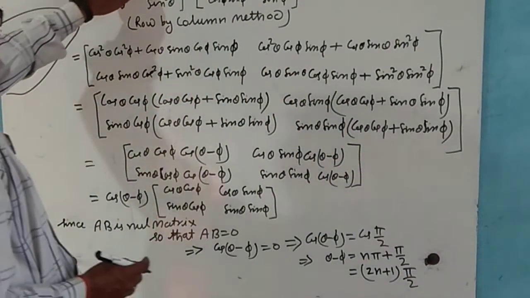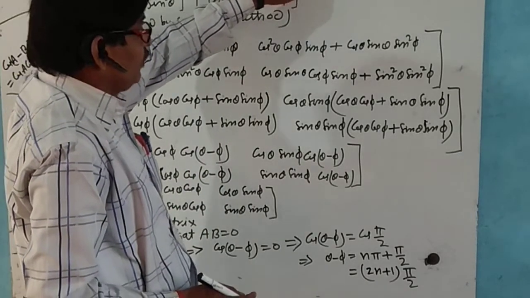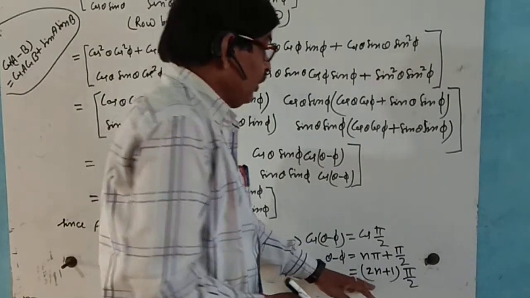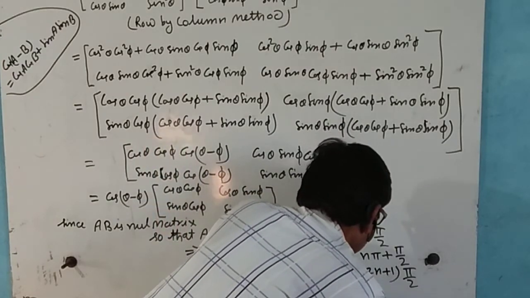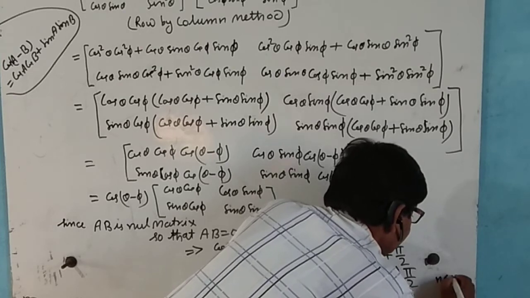So AB is a null matrix if theta minus phi equals (2n plus 1) pi by 2. Now proved, where n belongs to Z.